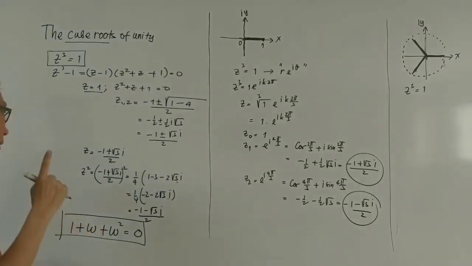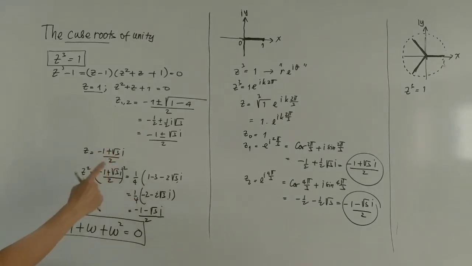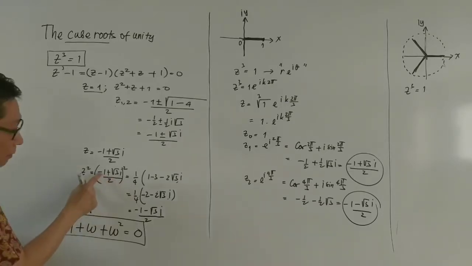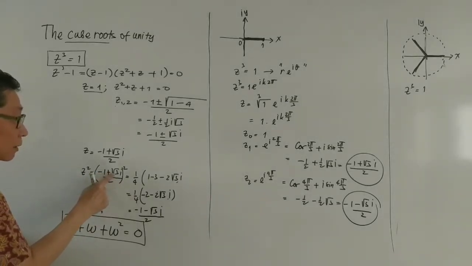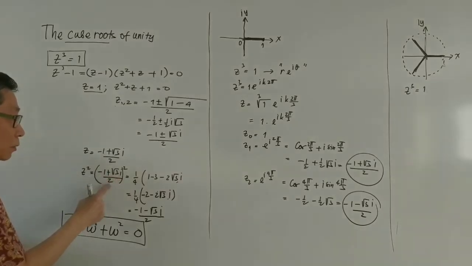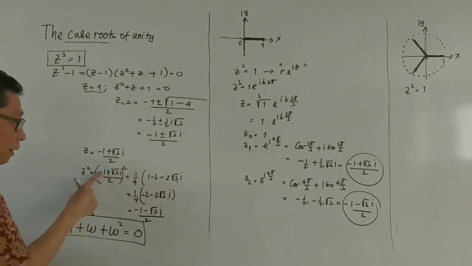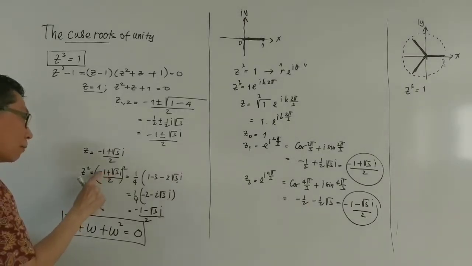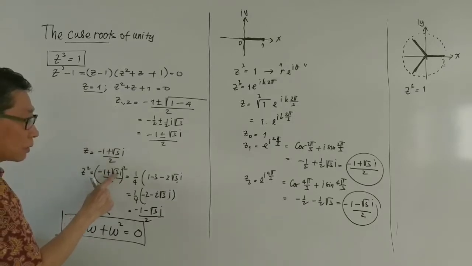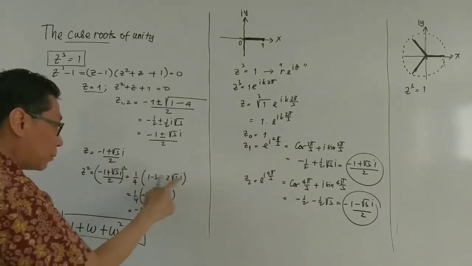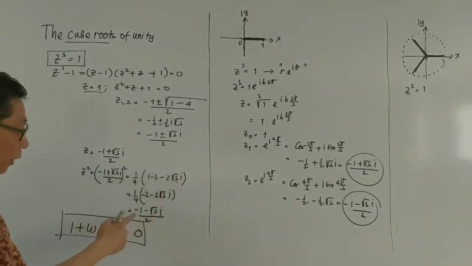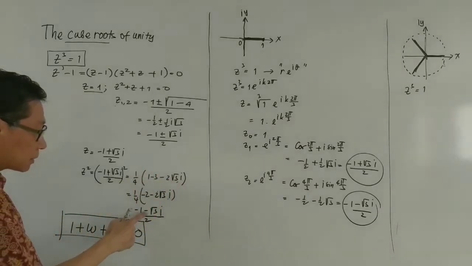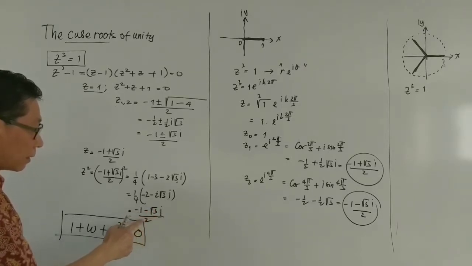If we use the second root, minus 1 plus square root 3i over 2, and then we square it, we get minus 1 minus square root 3i over 2.